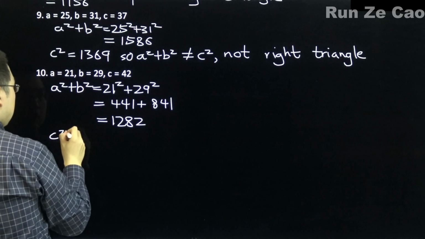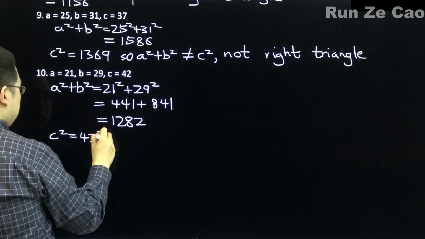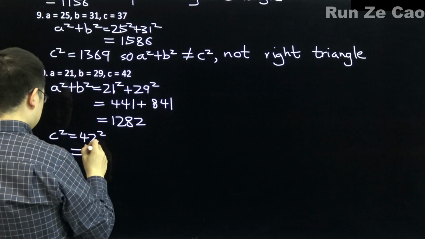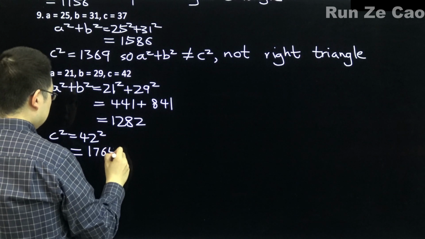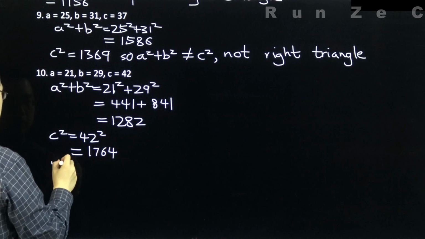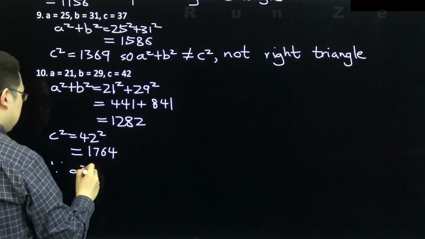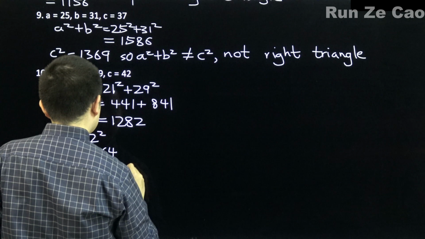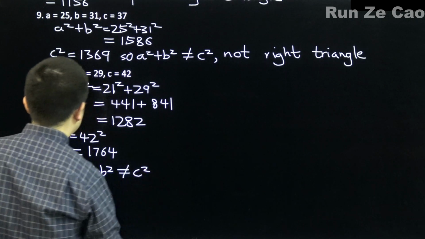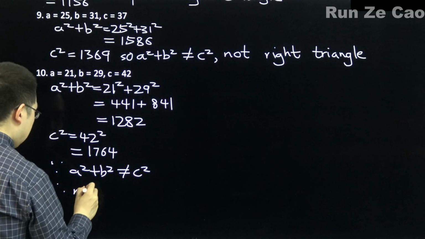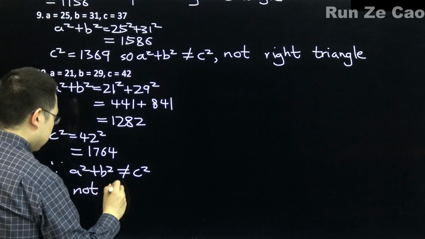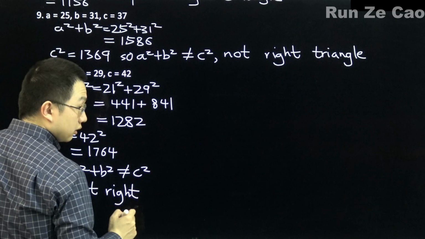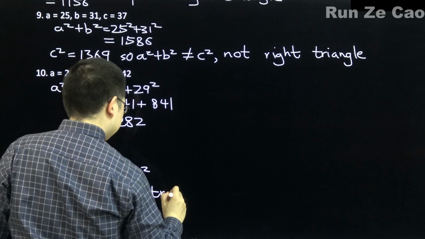Now c squared is equal to 42 squared, and that is 1764. Because a squared plus b squared does not equal c squared, therefore not a right triangle. You could just draw a little triangle here, or you could write it out.